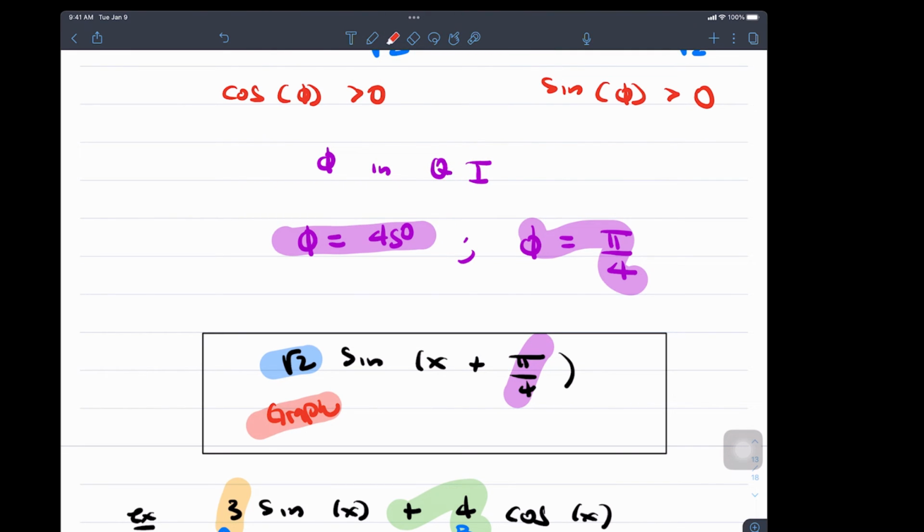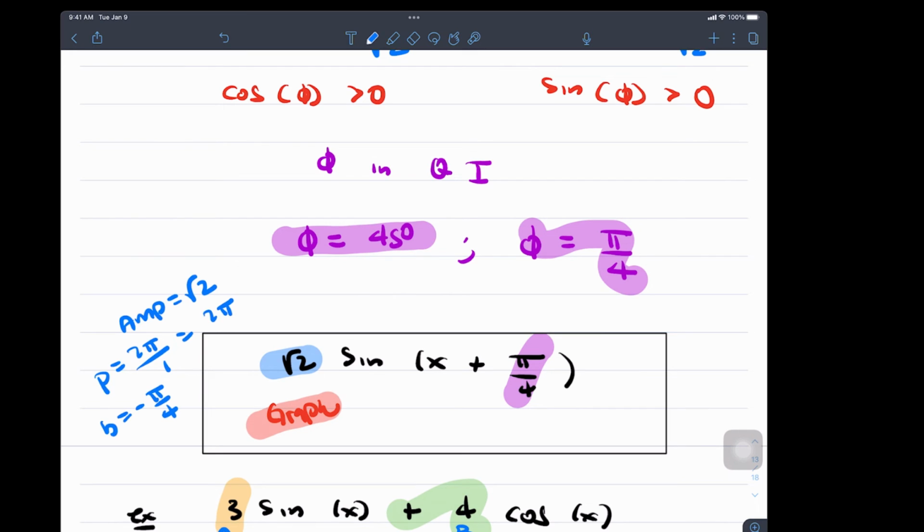What's the amplitude? Square root of 2. Do you guys remember that? What's the period? Period is 2 pi over k, which is 1, so 2 pi. What's the interval of one cycle? What's the phase shift? Negative pi over 4. Is that right? So you guys can get the interval of one cycle.